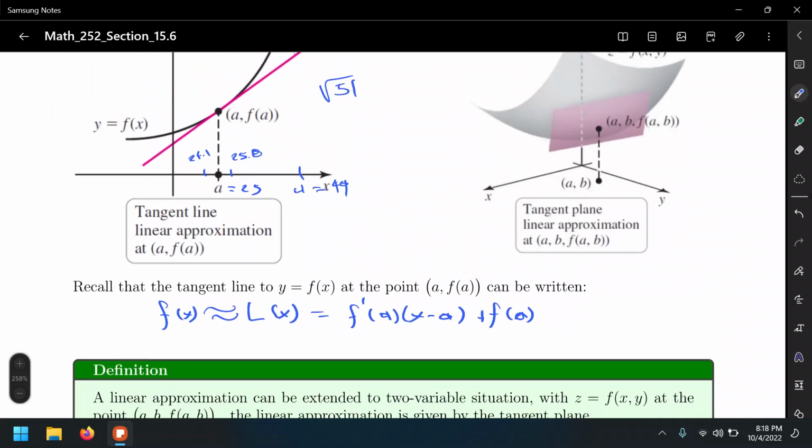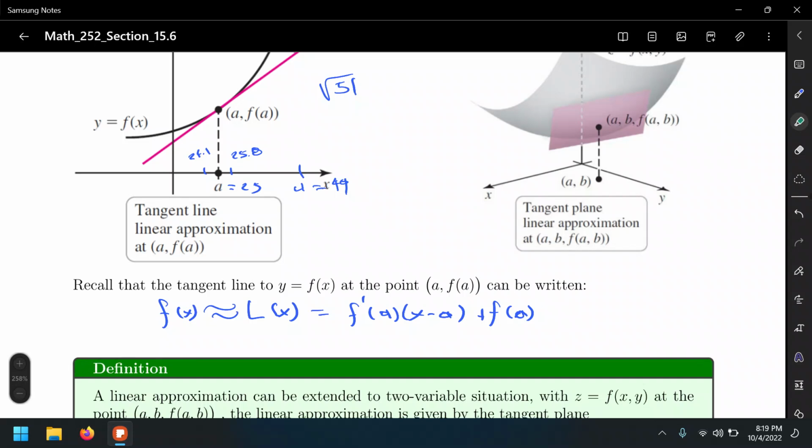Also, whenever we get this approximation, because it's an approximation, this f of x is approximately, well, back in Calc 1 and Calc 2, this f of x was a very good approximation.